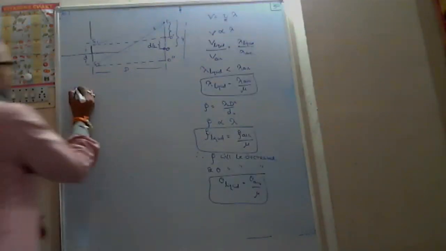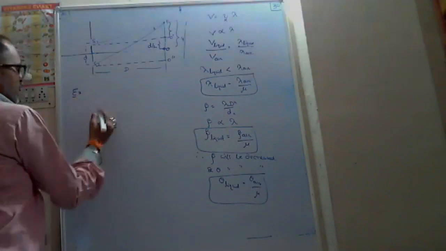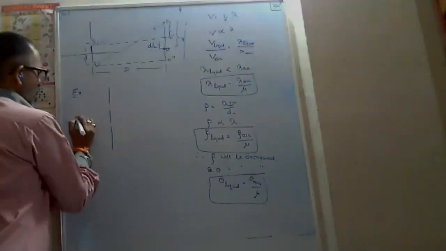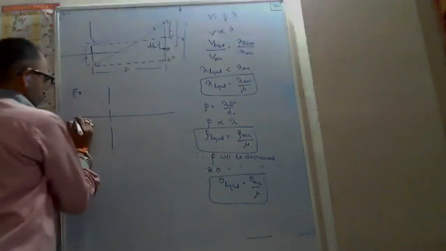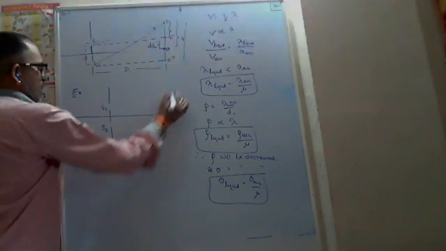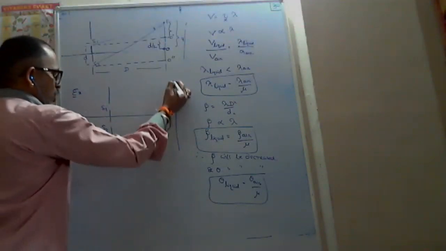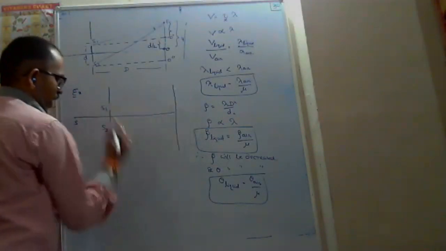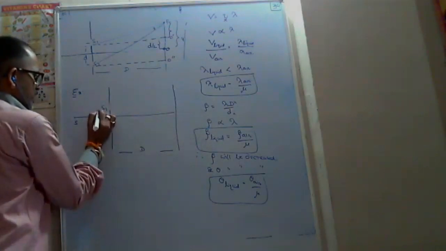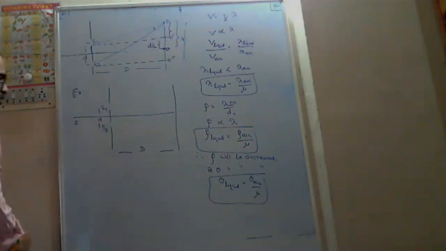Example 2. In this YDSE experiment with a symmetric source, I am finding out on the screen placed parallel to it at a distance capital D. The distance between the two slits is small d.